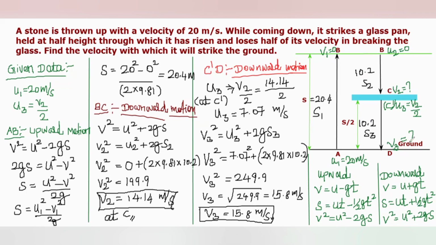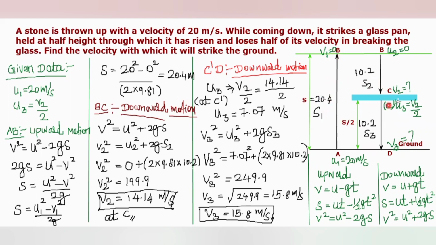We know that if it is a normal motion from point A to B, if it is thrown with a velocity of 20 meters per second at point A, it reaches the dead state 0, and it travels a height of 20.4 meters in this motion.